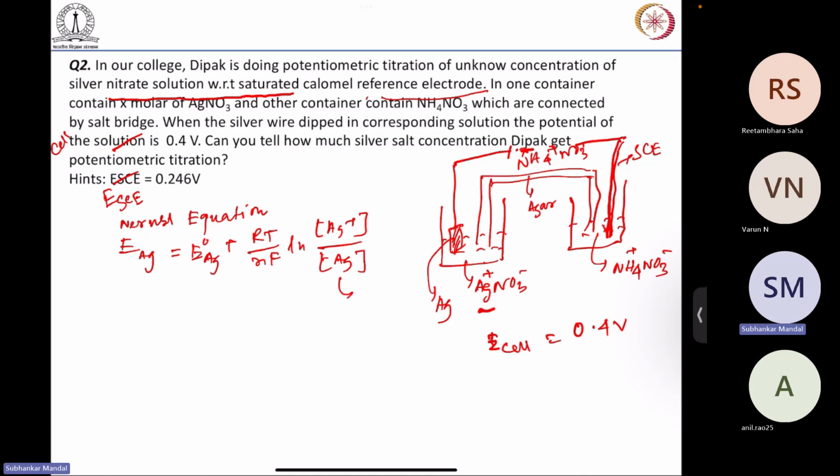But as Ag is a solid, we can take it as 1. Then E of Ag is equal to E naught of Ag plus RT by nF ln of Ag+. So this thing you can write as 1. Okay.